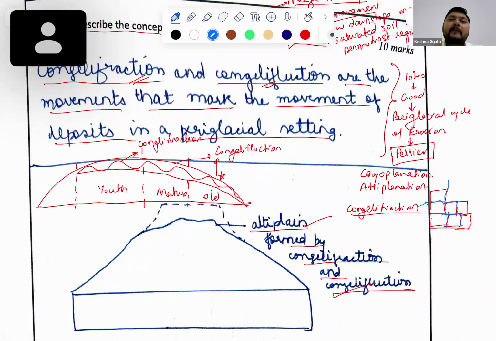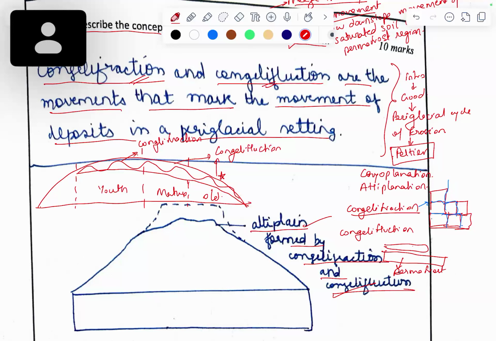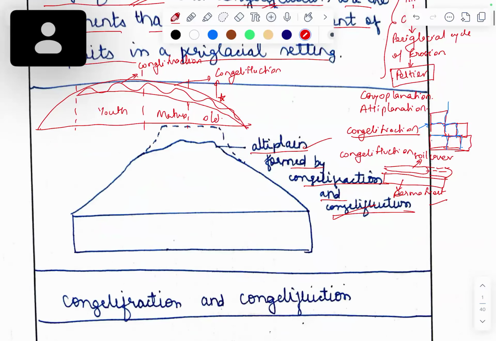While in congelifluction, there is movement of the soil cover over the permafrost region. In this way we can explain it.